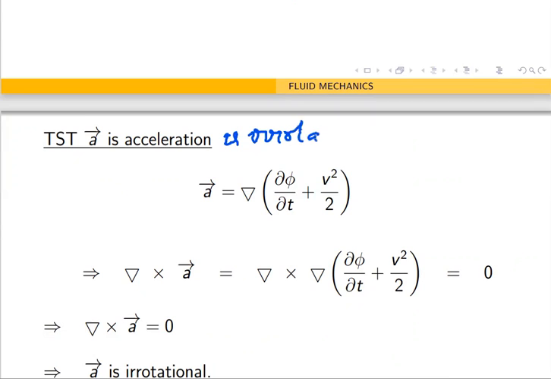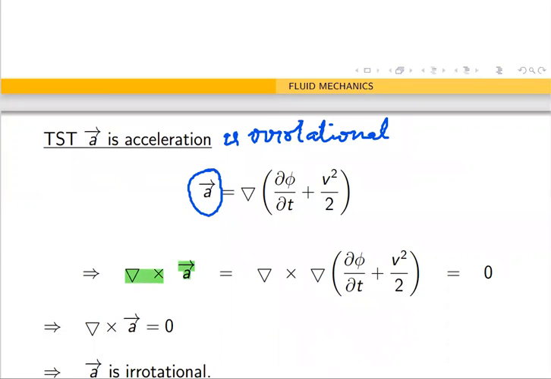We have to prove acceleration is irrotational. So A, the acceleration in material form that we got previously, we have just written as A. A is equal to gradient of dou phi by dou t plus v square by 2, by the previous step. Take curl on this.